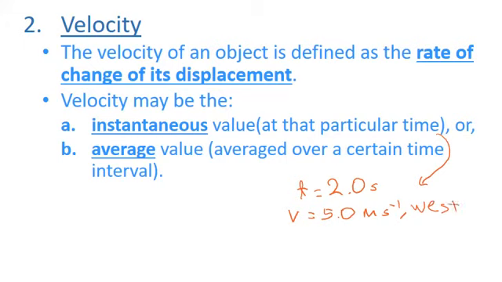What it means is that at this particular time of 2 seconds, the object has a speed of 5 meters per second and is heading westwards. The velocity of an object could change if its magnitude changes, and it could also change if its direction changes. I'll give you a small homework: try to find out what is meant by the term average velocity.